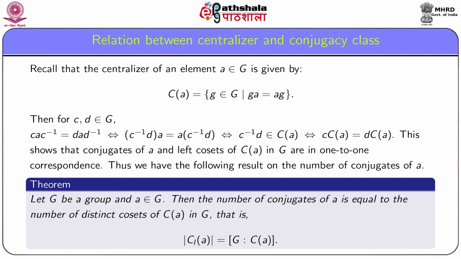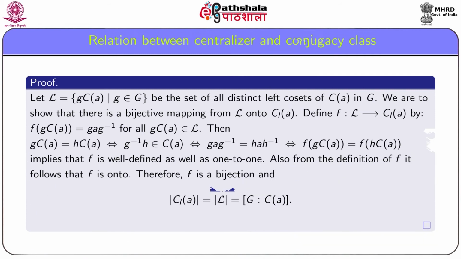So, to establish the result, we need to establish a bijective correspondence between the set of all left cosets and Cl(a).